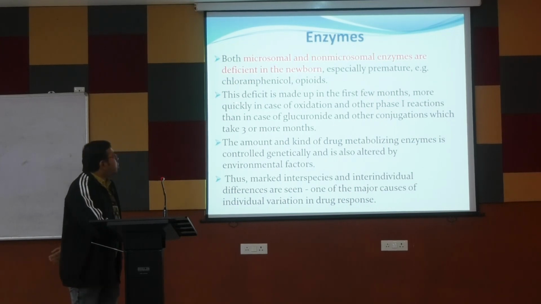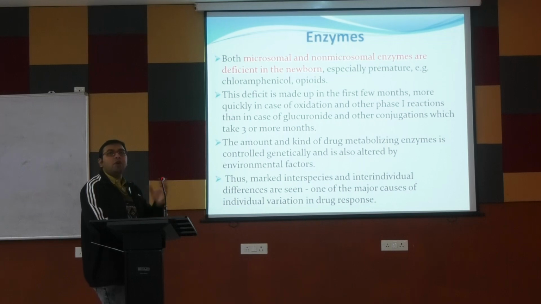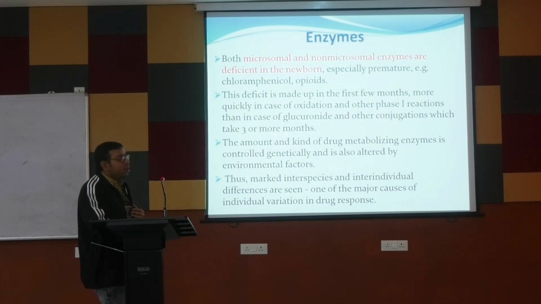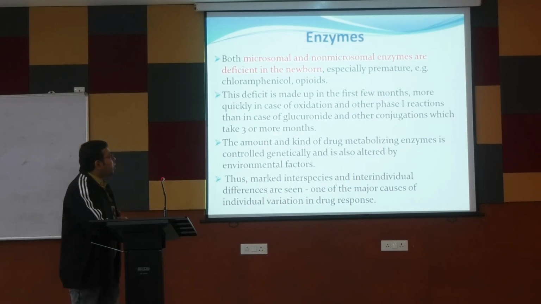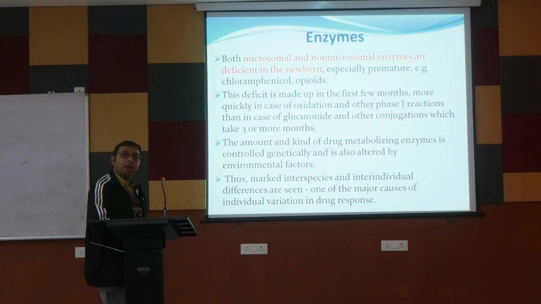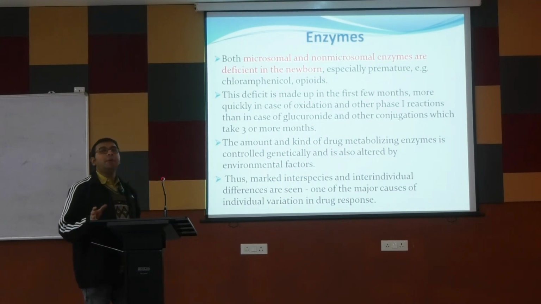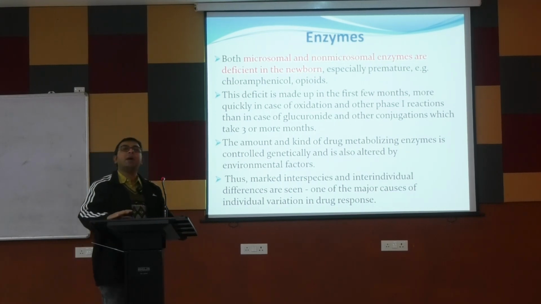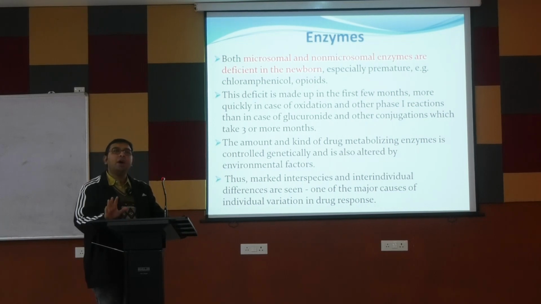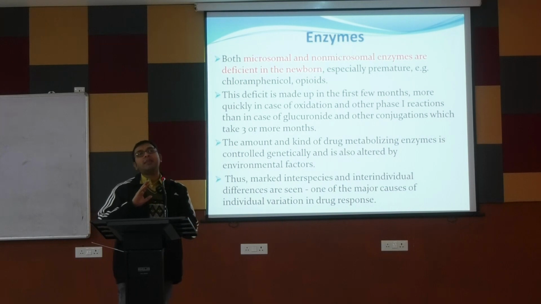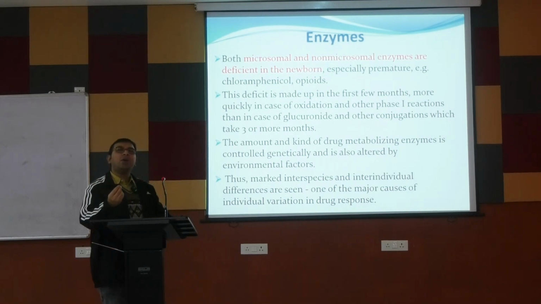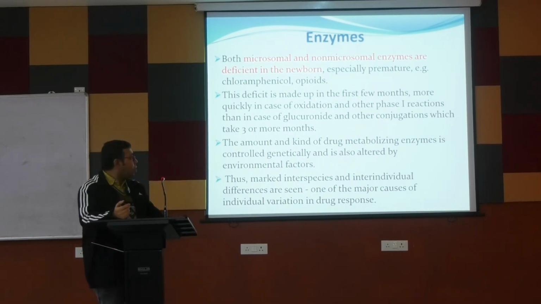This deficit is made up in the first few months of life, more quickly in the case of oxidation and other phase 1 reactions than in the case of glucuronide and other conjugations, which usually take 3 to 4 months. That's why many drugs cannot be given in the first 3 to 6 months of a newborn's life, because these drugs will not be metabolized at all, as the enzymes are not developed in the newborn.